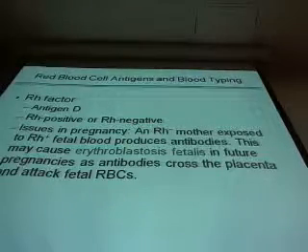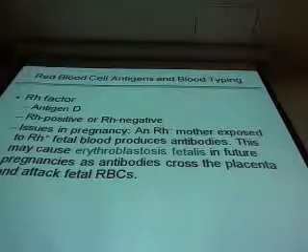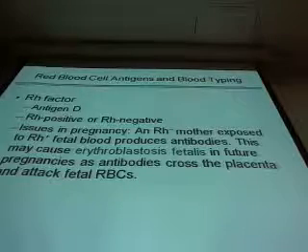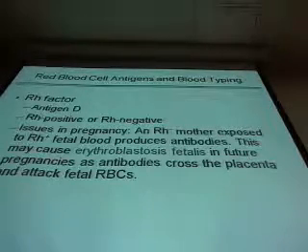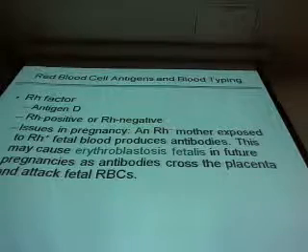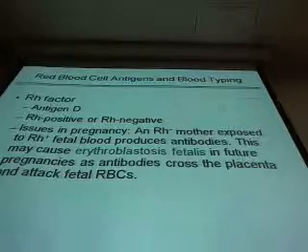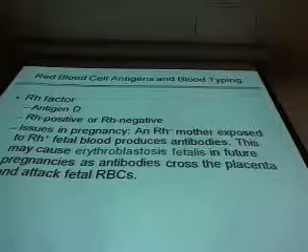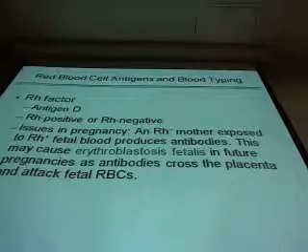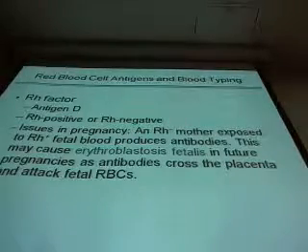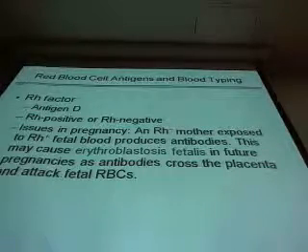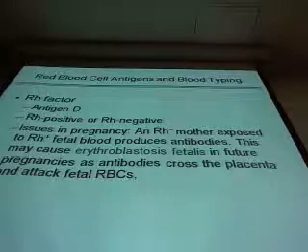It ties up the antigen sites on the red cells from the baby, and if the antigen sites are tied up, the body doesn't recognize it as foreign, so it doesn't create an anti-D. We don't give enough anti-D to cause the baby problems, but we do give enough to keep the mother from developing the antibody. And that's why erythroblastosis fetalis is virtually not seen in this country anymore, not in women that have had their prenatal care here.